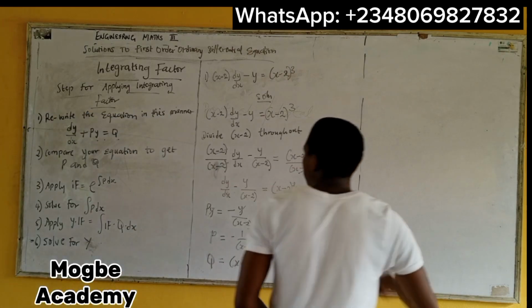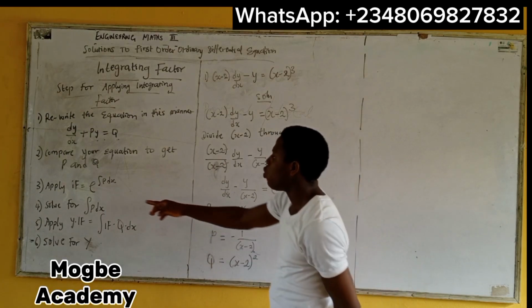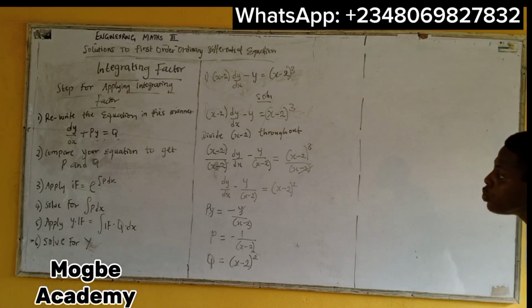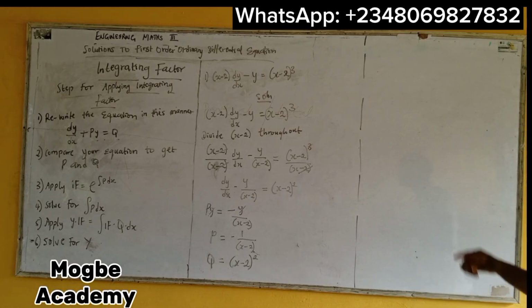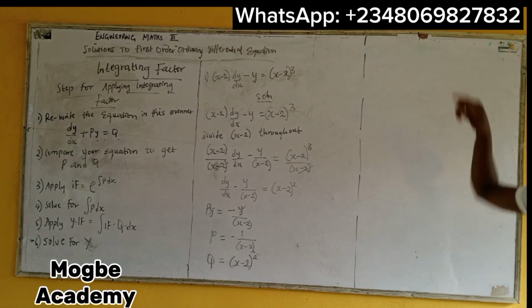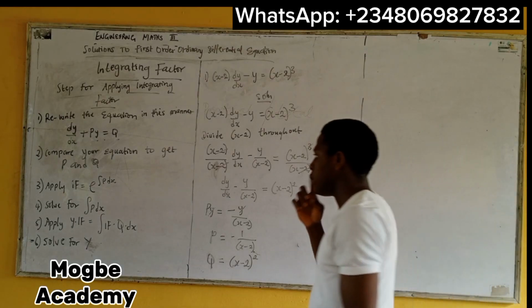What's the next thing we are supposed to do? The next thing is to apply the IF statement. And the IF statement says IF, the integrating factor, is equal to exponential raised to the power of integral of p dx.